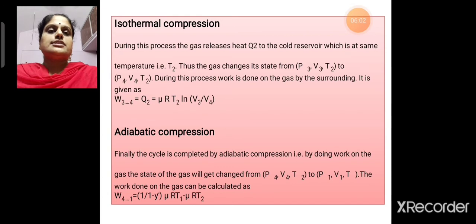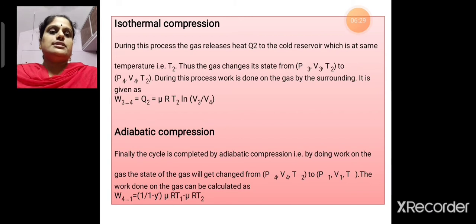The third process is isothermal compression. During this process, the gas releases heat Q2 to the cold reservoir, which is at the same temperature T2. Hence, the state of the gas changes from P3V3T2 to P4V4T2.